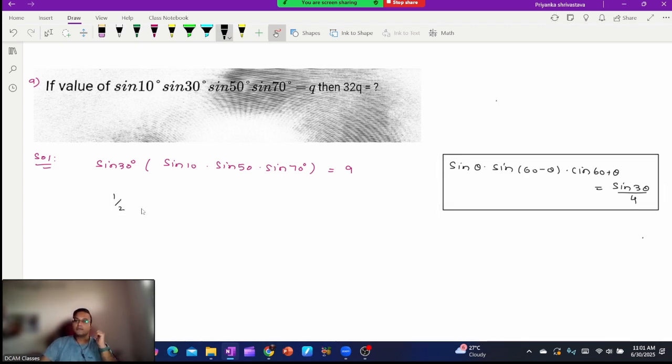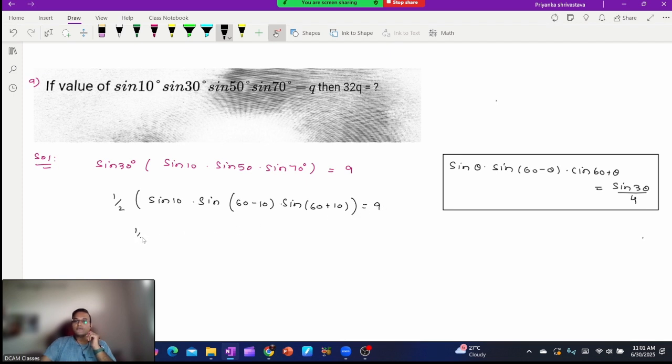Sin 30 is 1 by 2. So here theta becomes 10. So it will be sin 10 into sin of 60 minus 10 into sin of 60 plus 10.